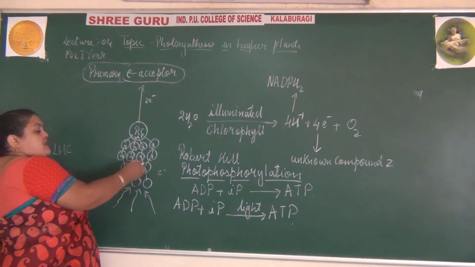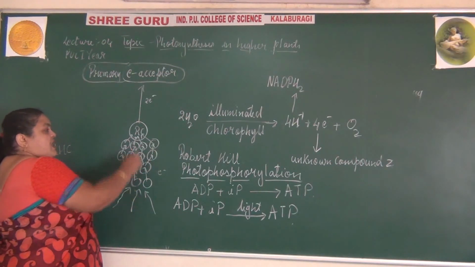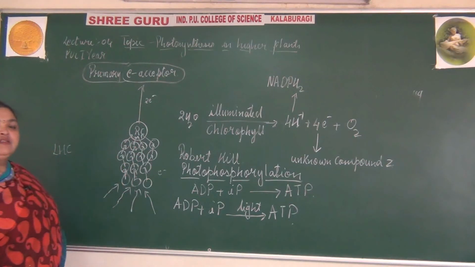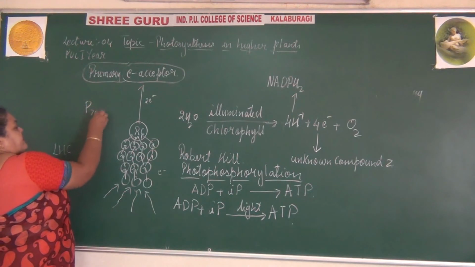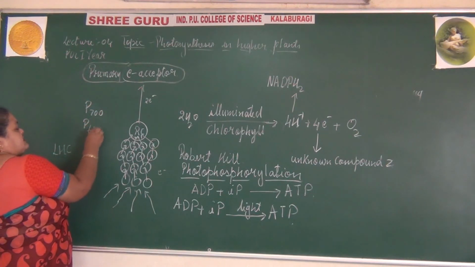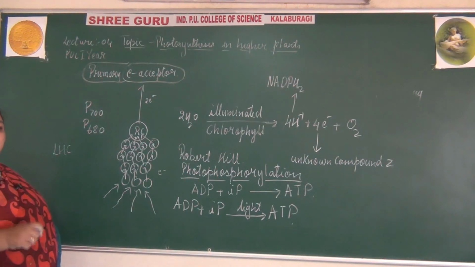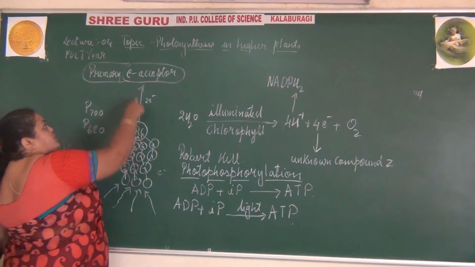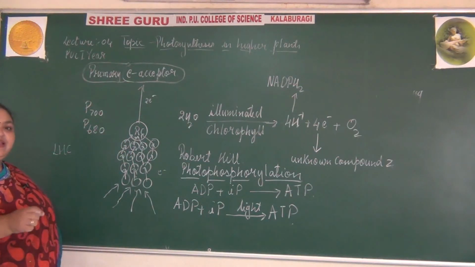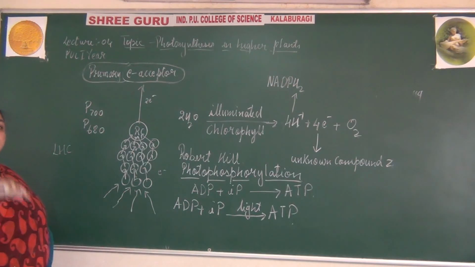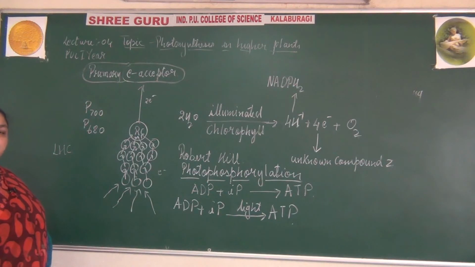All the electrons are transferred from one molecule to another and reach the common reaction center. This reaction center can be P700 or P680. Ultimately, all the electrons are passed to the common primary electron acceptor. That primary electron acceptor passes the electrons to the next component of the thylakoid membrane.